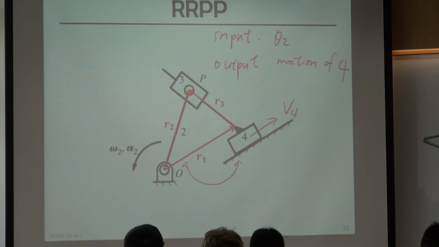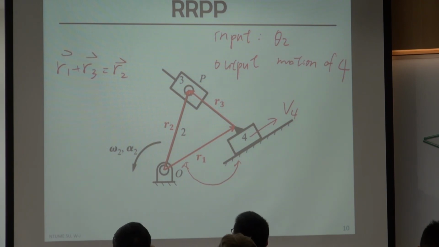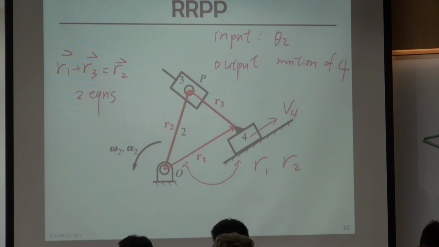So we write down the equation and we see if the number of unknowns is the same as the number of equations. We got 1 vector loop, so we got 2 equations. And right now we have R1, R2, R3, theta 1, theta 2, and theta 3.